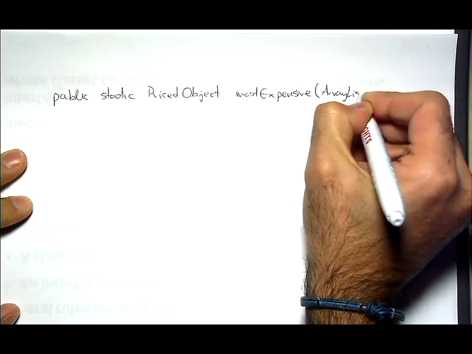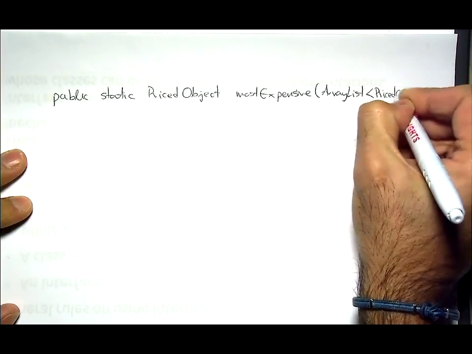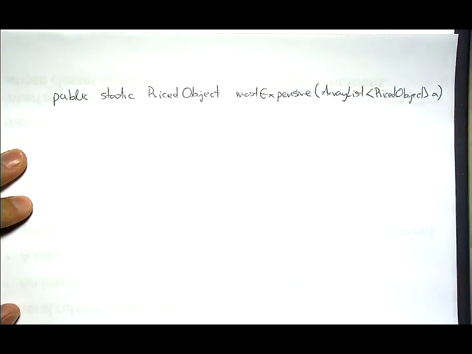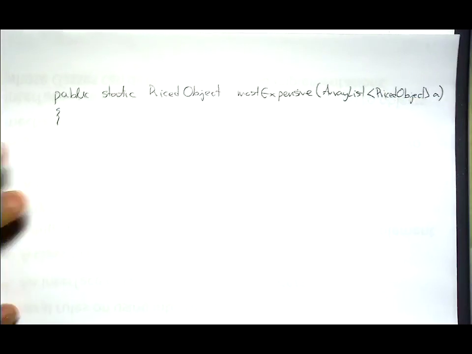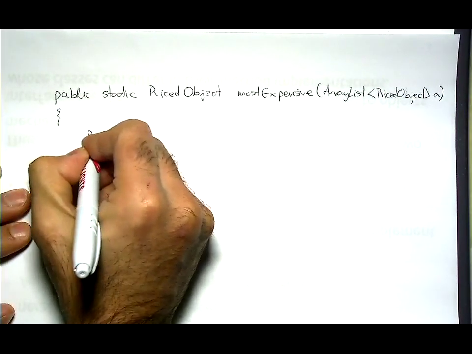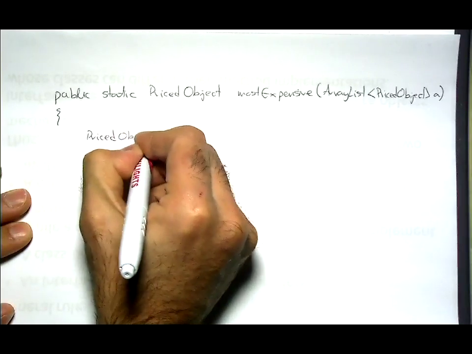My method will take an array list of priced object, and return the most expensive. So, okay, how can I implement this? Let's suppose that my array list is not empty. If it's empty, my code is going to break, but it's fine for now.